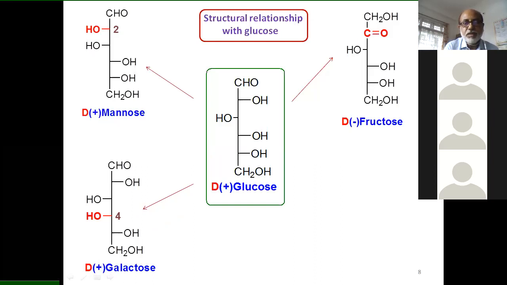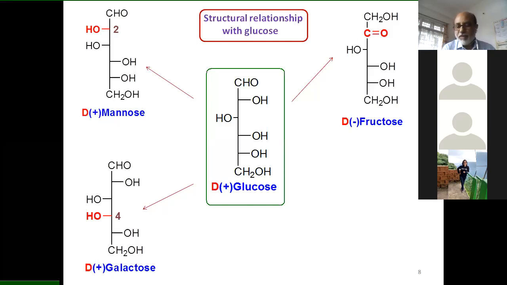In glucose it is OH on the right-hand side, in galactose on the left-hand side. So if you remember glucose, right, left, right, right, for the others you simply remember their relationship: how to get fructose, mannose and galactose.